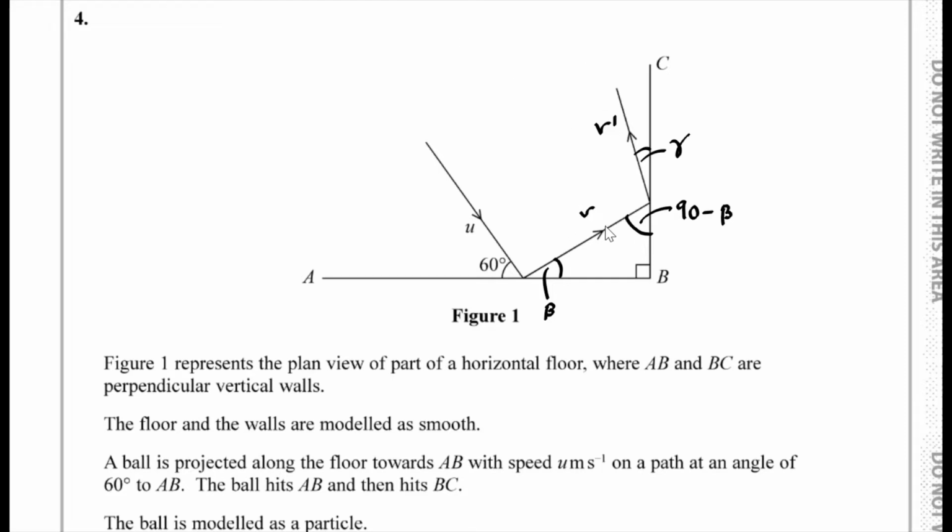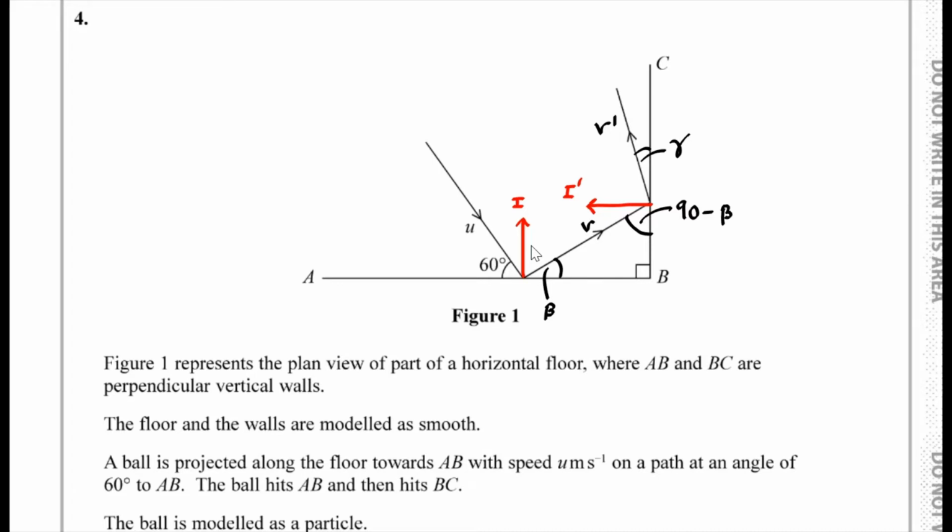We'll add these in a different colour. We've got the impulse over here. We'll call this I. And then we've also got the impulse over here. If I get rid of this, we've got the impulse over here. We'll call this I dash, okay? And we still have this V over here. And the reason I want to do that will hopefully become obvious during the explanation of this question.